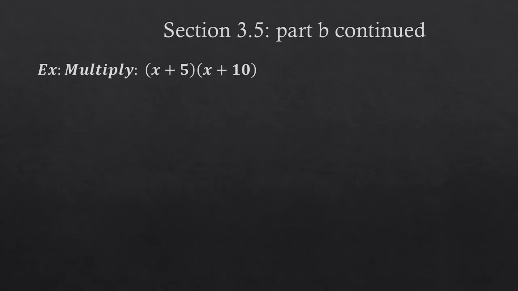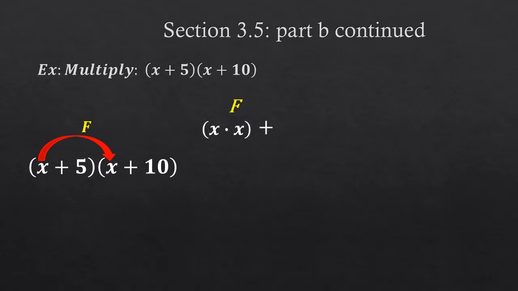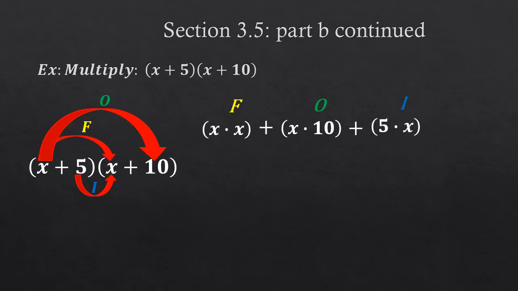First example, multiply x plus 5 times x plus 10. If we apply the FOIL method, then we have x times x, which is our F, plus x times positive 10, which is our O, plus 5 times x, which is our I, plus 5 times 10, which is our L, the last.